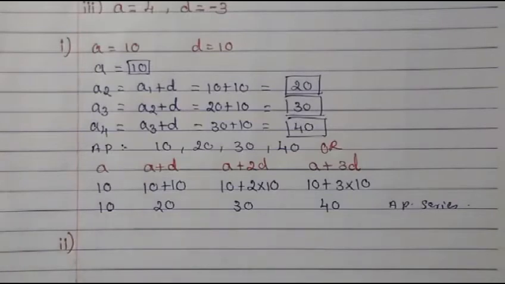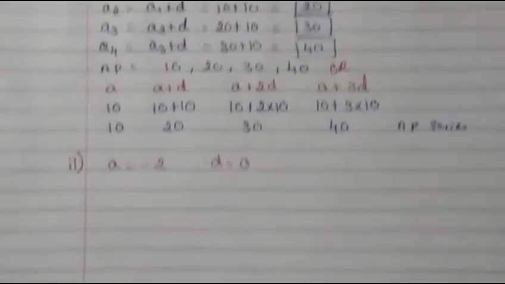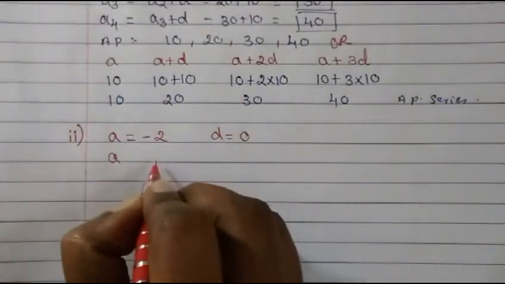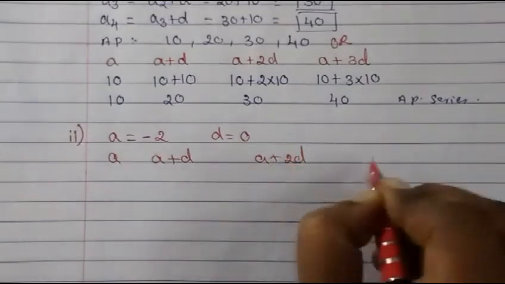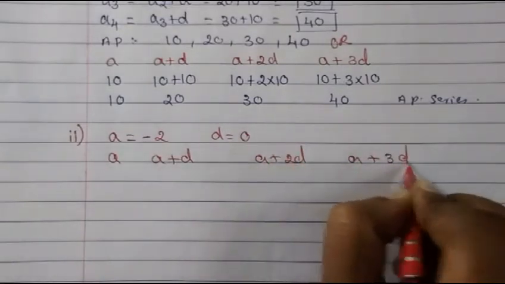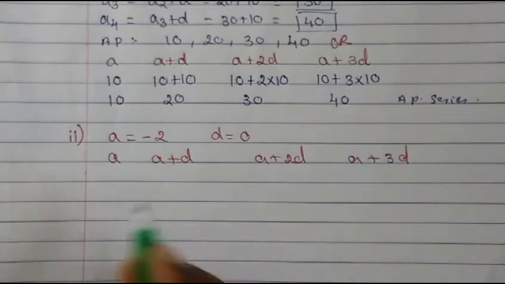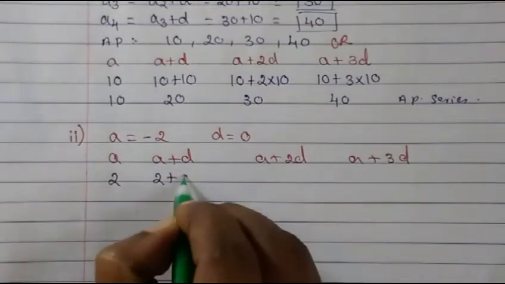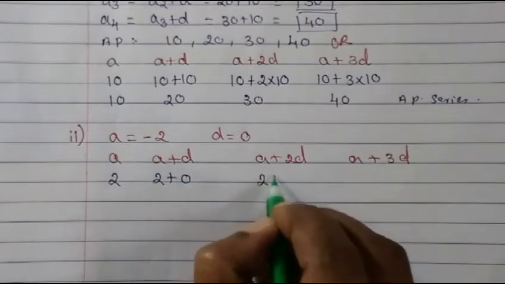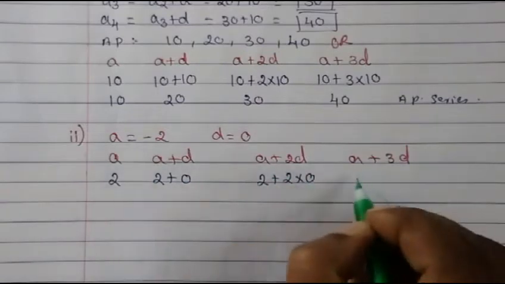Now let's see the second one. A value is 2 and then D value is 0. I'll use this same formula, that is A, then A plus D, A plus 2D, A plus 3D. So A is 2. Then 2 plus D is 0. A is 2, 2 into D is 0.